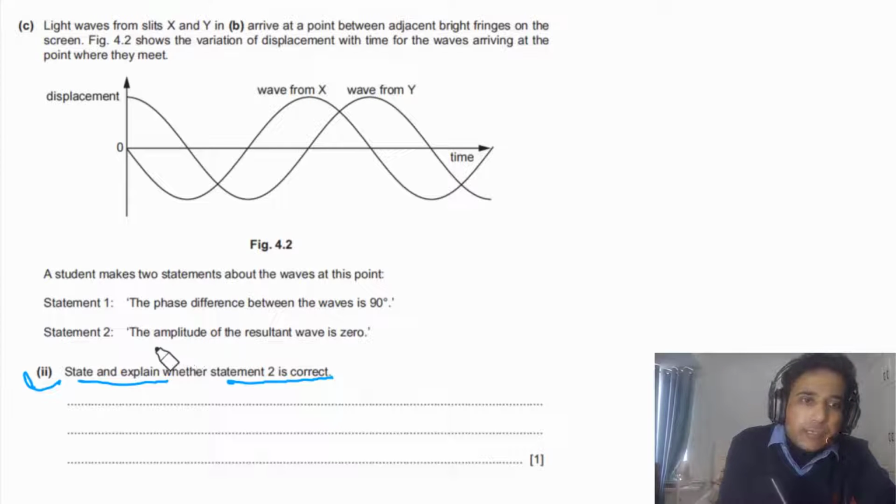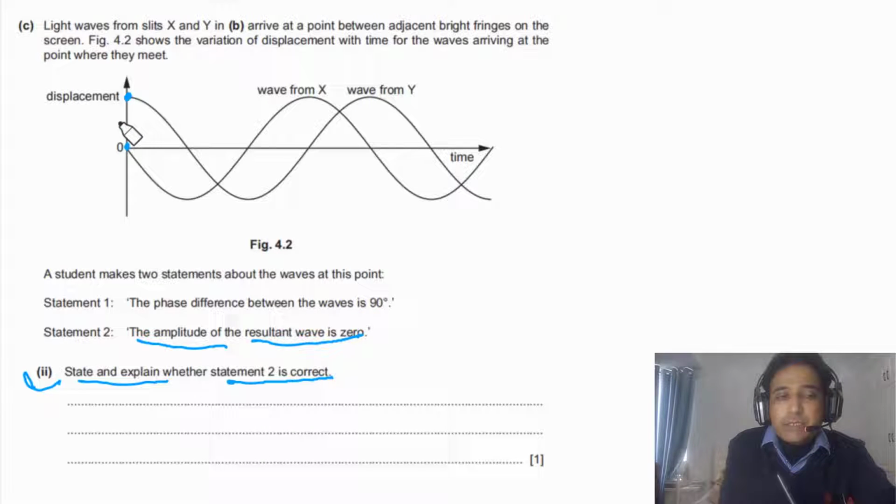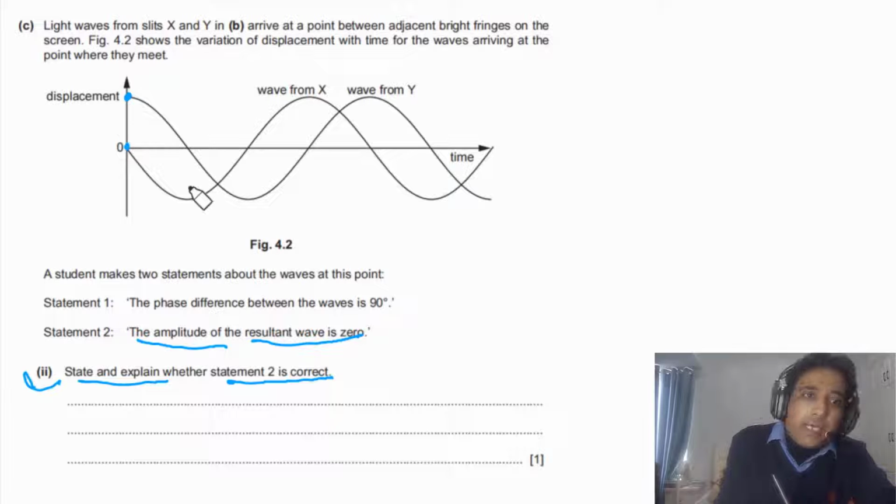Statement 2 is telling us that the amplitude of the resultant wave is 0. But if you look at the resultant displacement, if you look at this point, the resultant displacement is equal to this value. So this is not 0. And if you look at this point, the resultant displacement will be equal to this value. So it means this is incorrect. Why is this incorrect?